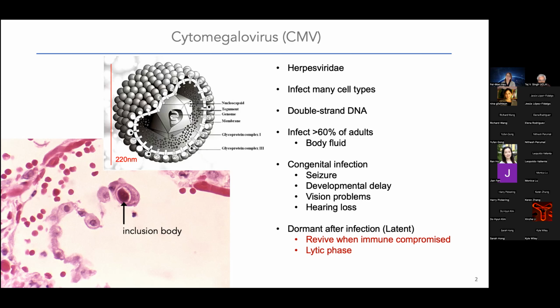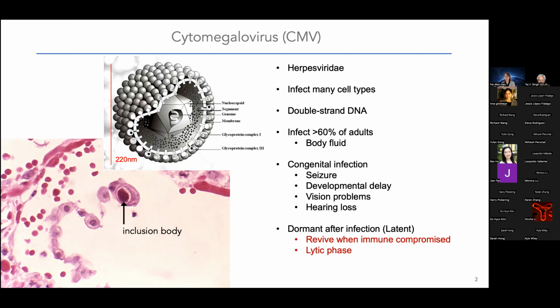But most of the time, when people are adults, their immune systems are built. When they encounter cytomegalovirus, the virus usually just stays dormant inside the body. This is called latent infection, which means the virus just sits there without causing much problem to your body.